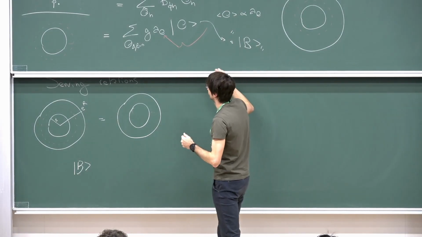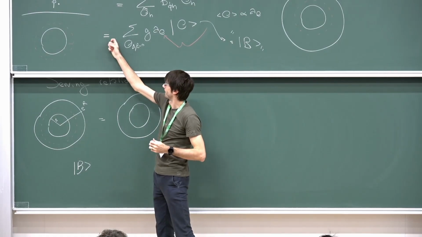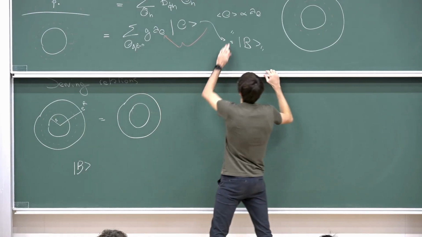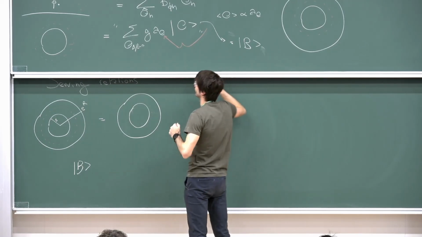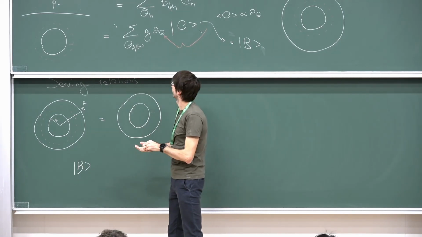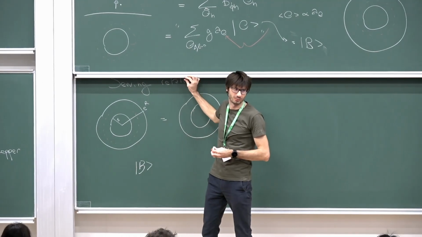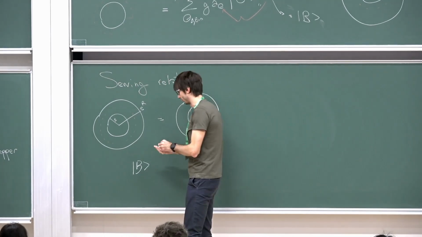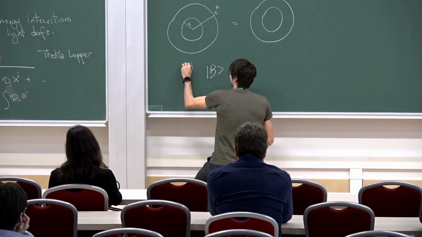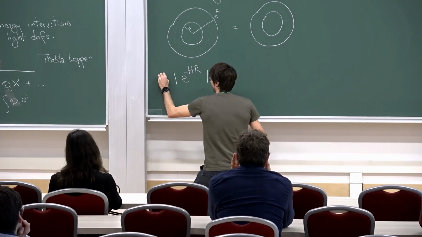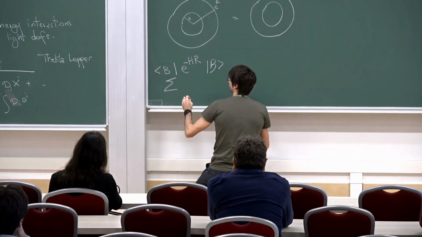I don't want to be too precise and waste a lot of time, but here I didn't put the time evolution. So actually, this is B, and here there should be quotation marks. This is probably why Kostas asked the question. So here I should have put some time evolution in order to give precisely this picture. So B, and then there's the time evolution, e to the minus h times r, and then I close off again. So this is fine. This has a clear expression in terms of a sum.